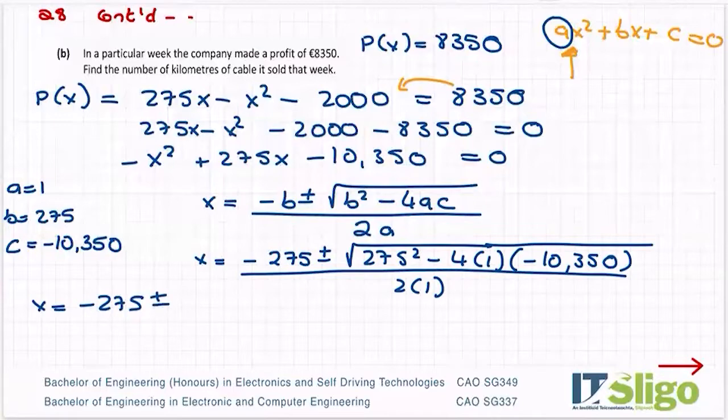I'm just going to put that square root bit, including the square root sign, into the calculator. So square root of 275 squared minus 4 bracket 1 bracket minus 10,350. And I am getting a decimal point for that, which I didn't expect.